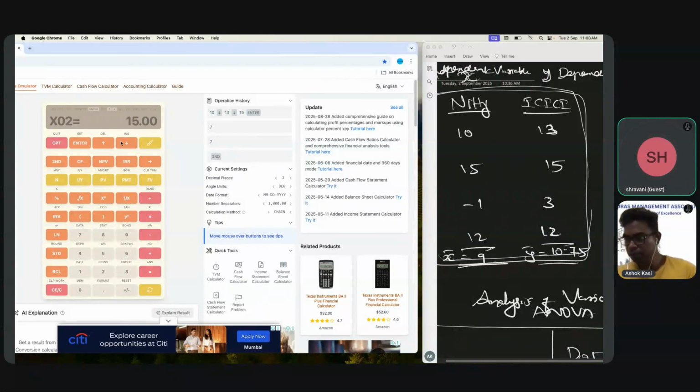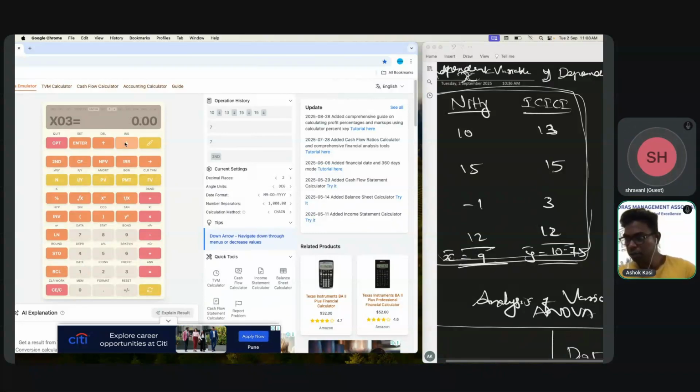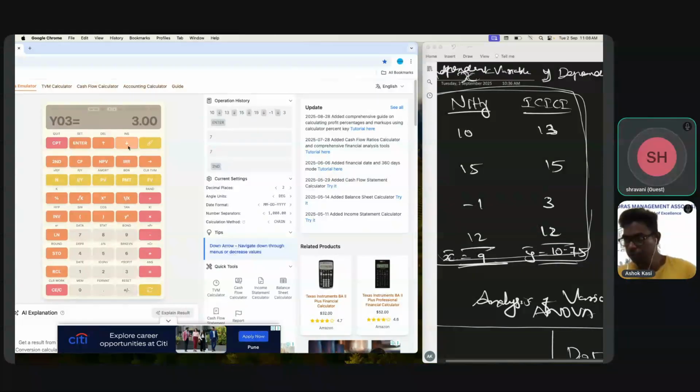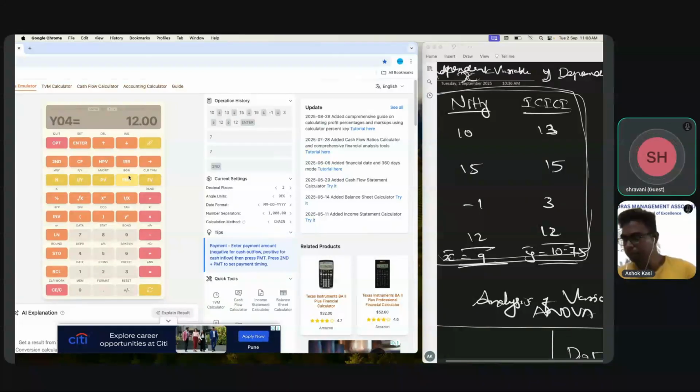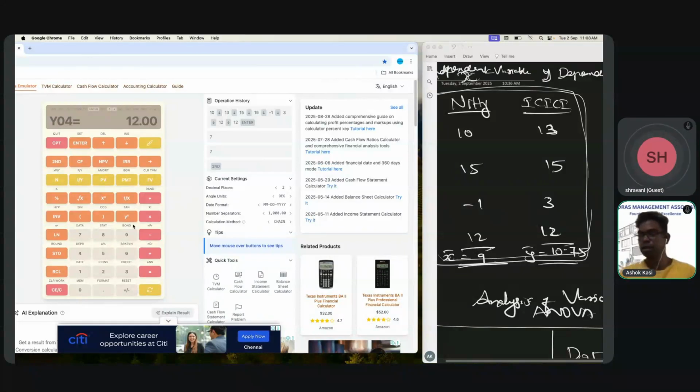Enter. Downward arrow. Y02 is again 15. Enter. Downward arrow. X03 is minus 1. So 1, minus, enter. Downward arrow. Y03 is 3. Enter. Downward arrow. X04 is 12. Enter. Downward arrow. 12. Enter. Okay. Key in till here.